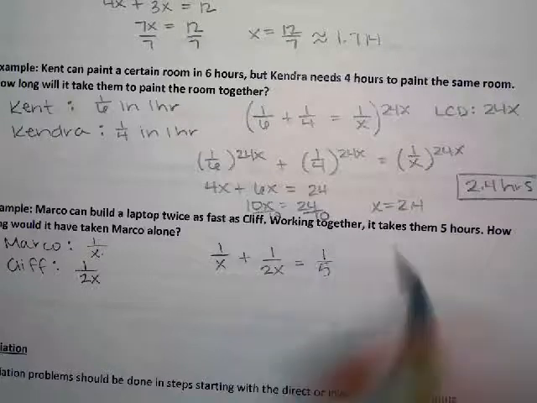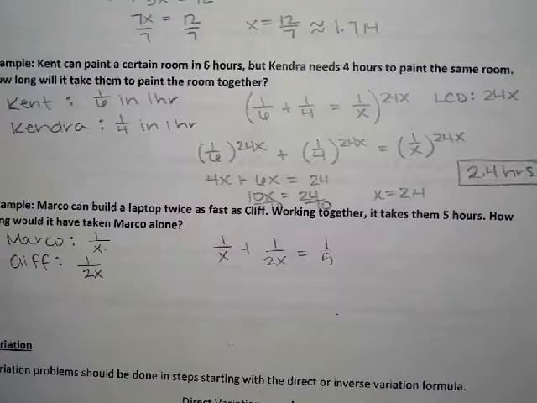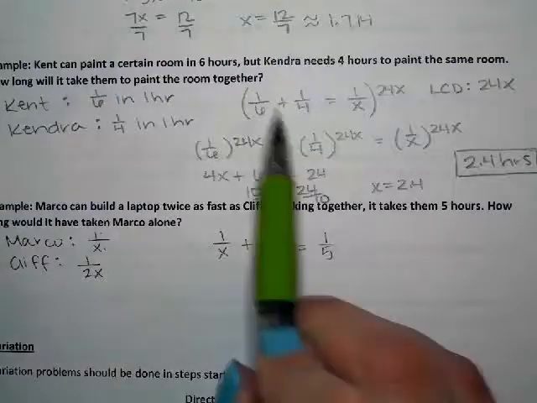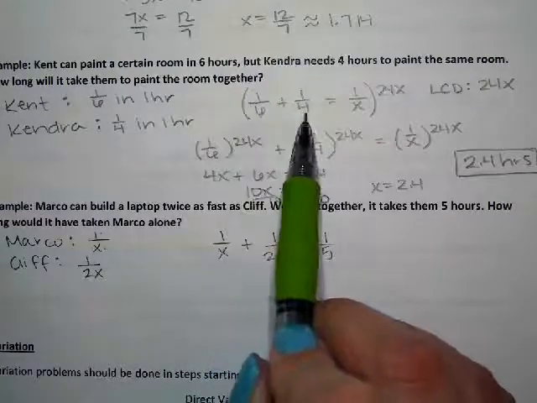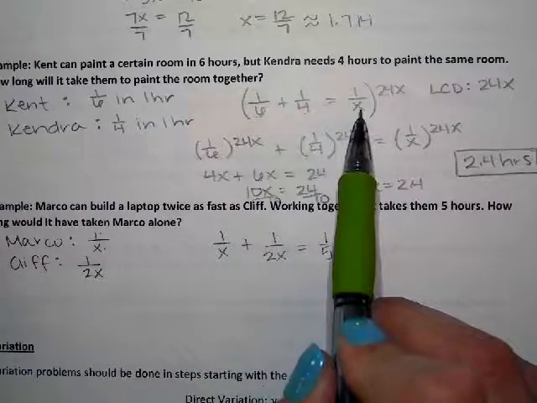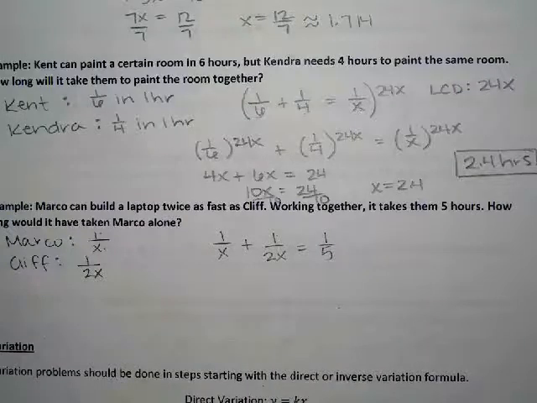Because we always do all of these in terms of how much could they get done in 1 hour. If the whole thing would take 5 hours, then they could get 1/5 of it done in 1 hour. So remember we said 1/6 done in 1 hour, 1/4 done in 1 hour.